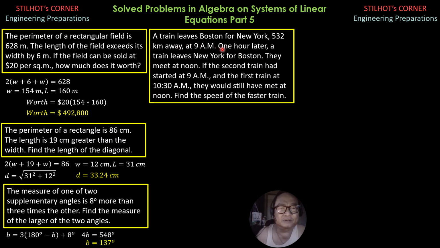only, because that train started 1 hour later. So the equation is v sub b times 3 plus v sub n times 2 equals, sorry, 432 rather, kilometers.